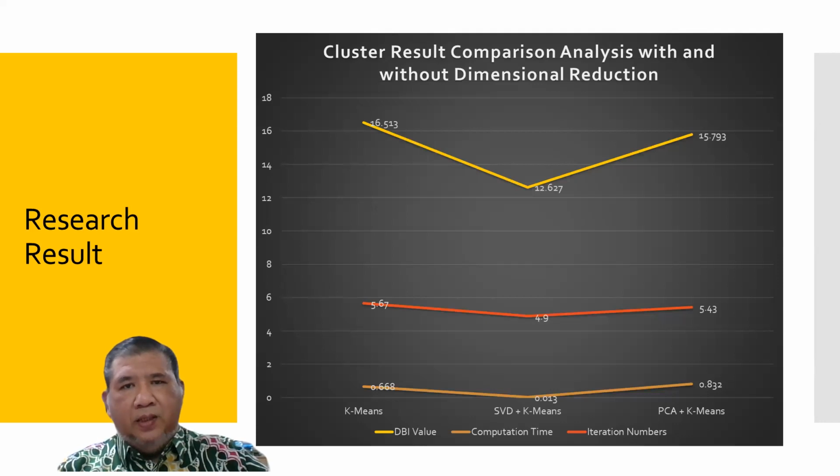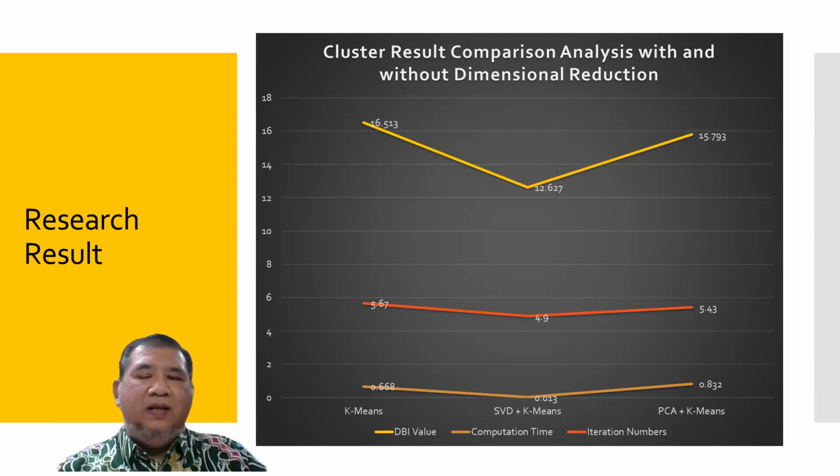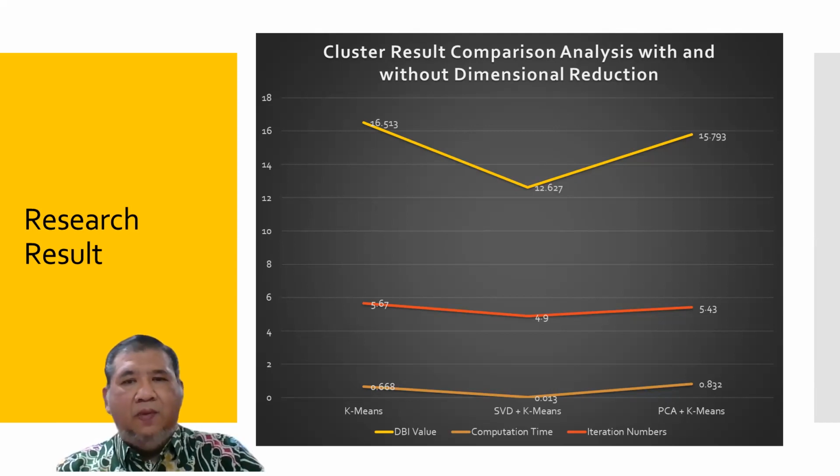This is the comparison, where here we see that the DBI value drops very significantly when we implement K-means reduced by SVD, but when K-means is implemented with reduction by PCA, it is a little bit smaller, but the difference is not significant in DBI.